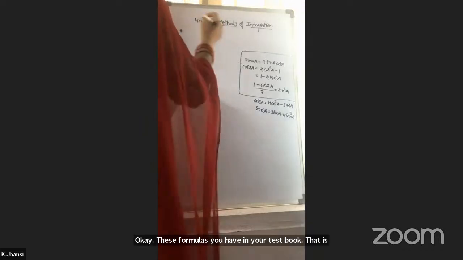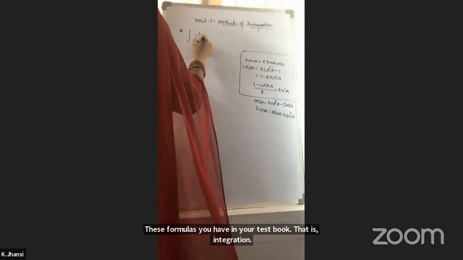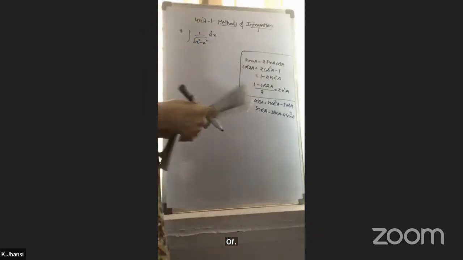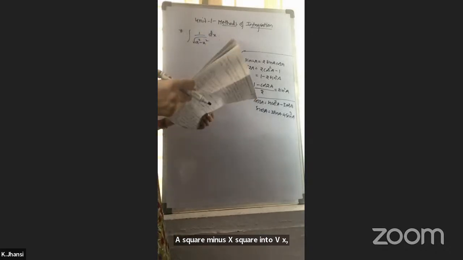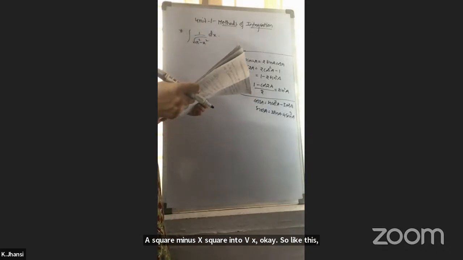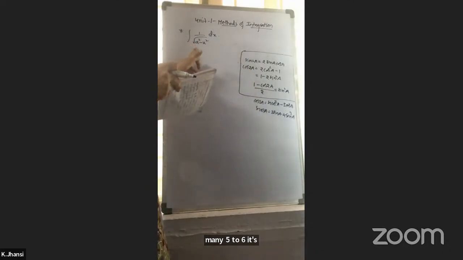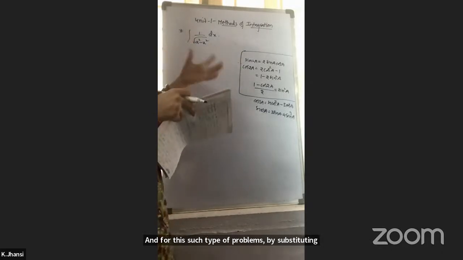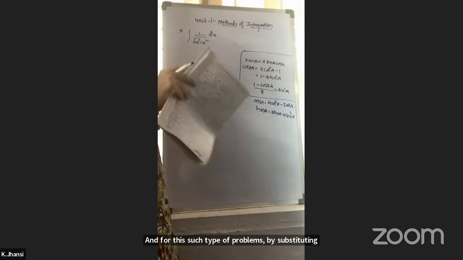That is integration of 1 by root of a square minus x square into dx. Okay, so like this, many 5 to 6 formulas are there. 1, 2, 3, 4, 5, 6 formulas are there here. And for such type of problems, by substituting either sin theta or cos theta or tan theta or secant or cosecant or cot theta, we need to find the formulas for this one.